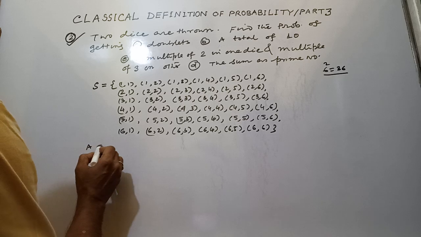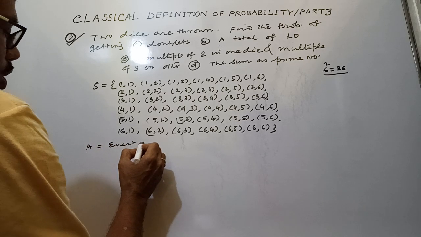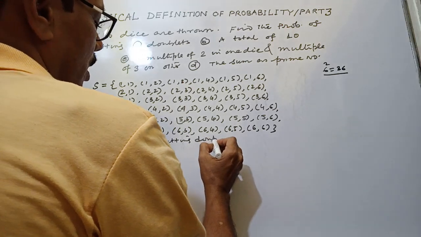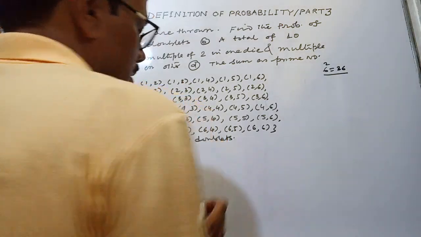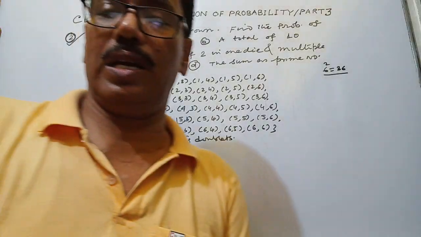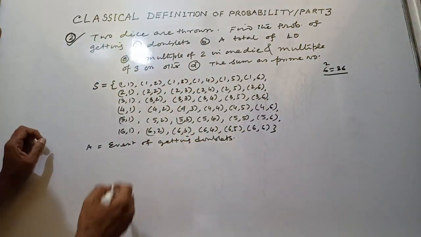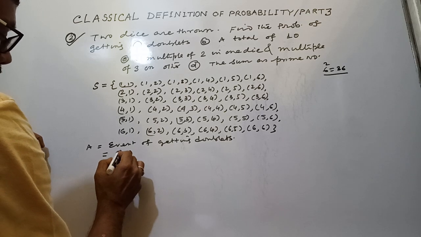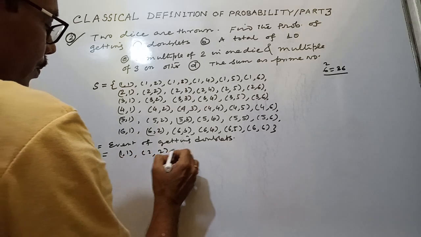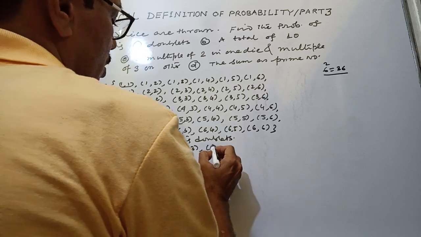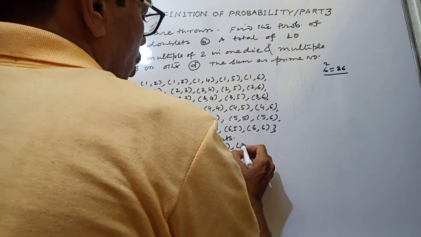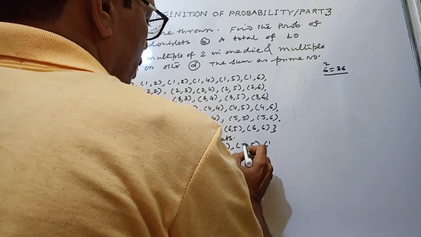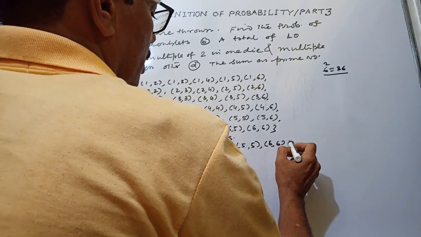Now look, you have to write the events. A equals the event of getting doublets. Doublets means the same face on each die. So what are the doublets? 1 1, 2 2, 3 3, 4 4, 5 5, 6 6.